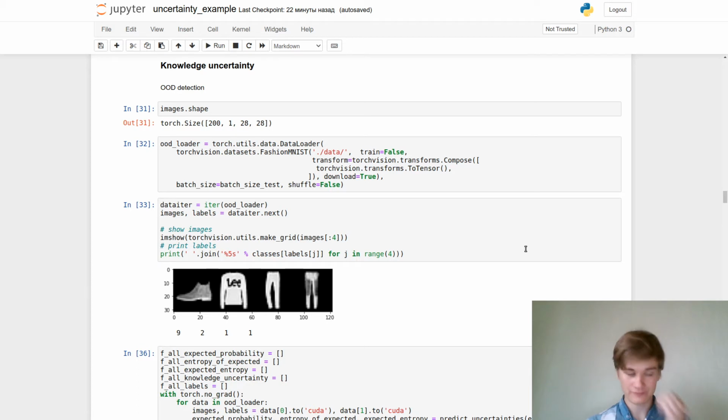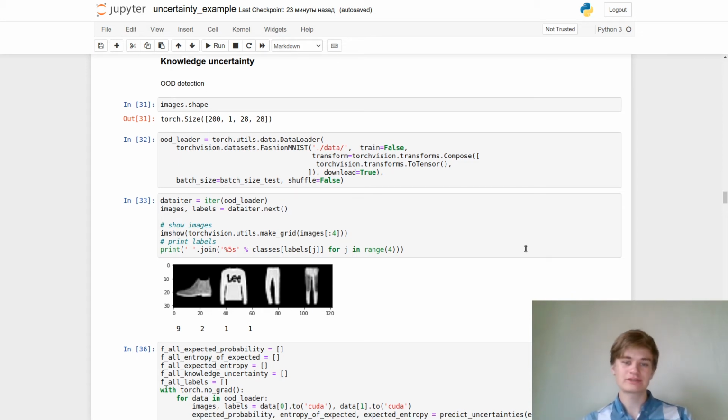When you have a hard decision, you know that it is hard, you know this data because it is your in-domain data, but you don't know what to choose. Your model doesn't know this. And knowledge uncertainty will not have any growth in this case, because it is focused only on this lack of knowledge and not hard decisions.